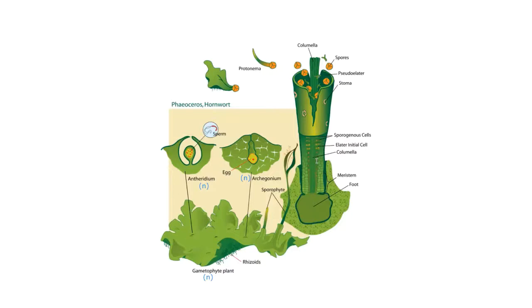This is a capsule. In the capsule, you will get the columella in the center. You will get the capsule wall, and in between, these sporogenous cells have spore mother cells which divide by meiosis to form haploid spores. The spores are released in the form of spore tetrads. These are the pseudoelaters which will provide the nourishment for the same.